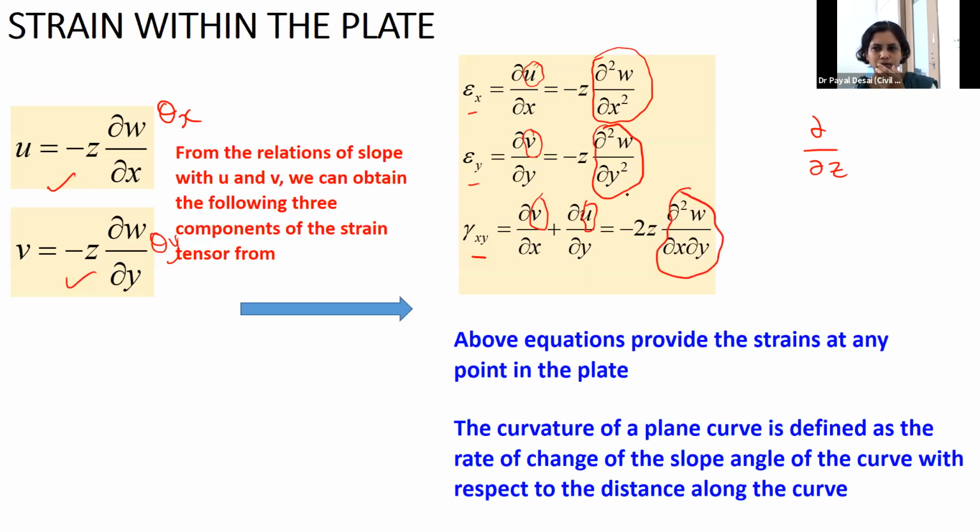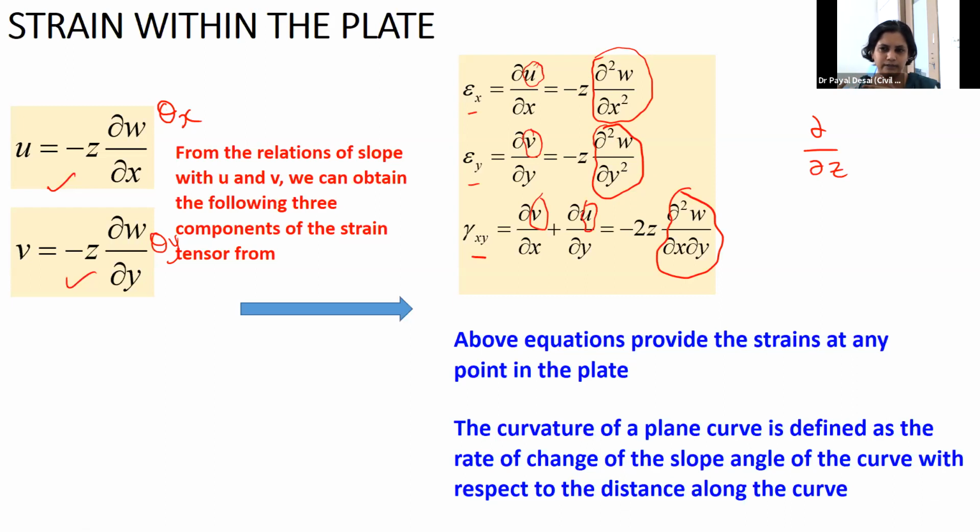This is the derivative of the rate of change of the displacement, the double differentiation. So the derivative of the rate of change of the slope, and we may define this as a curvature.